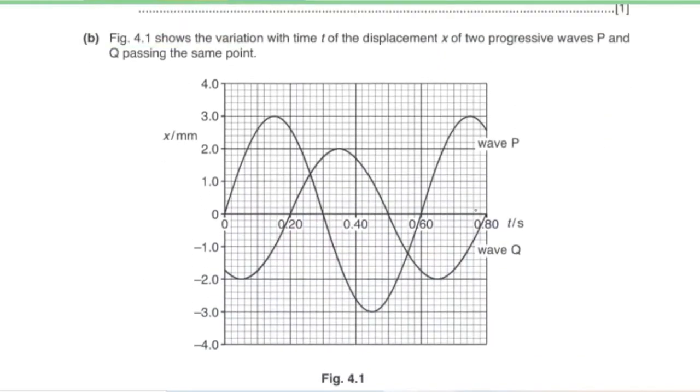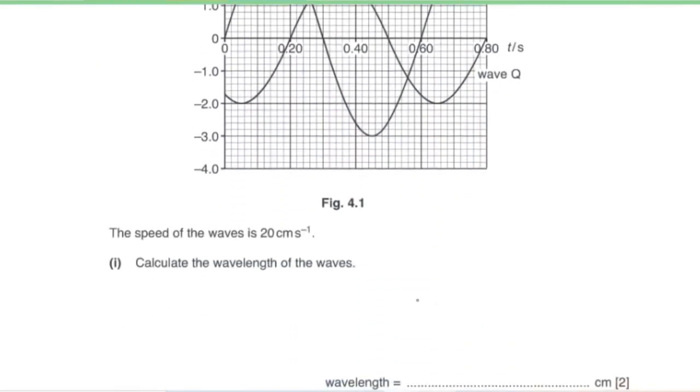Part B, figure 4.1 shows the variation with time of the displacement of two progressive waves P and Q passing the same point. The speed of the waves is 20 centimeters per second. Calculate the wavelength of the waves. So wavelength is equal to speed divided by frequency, where frequency is 1 by time period.